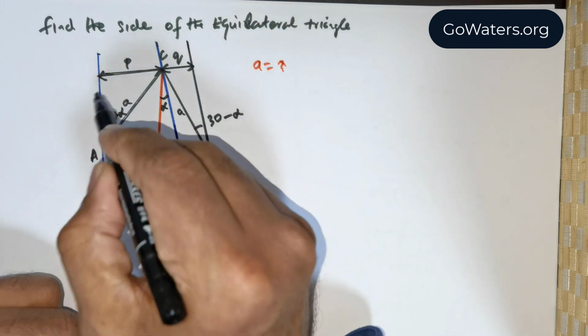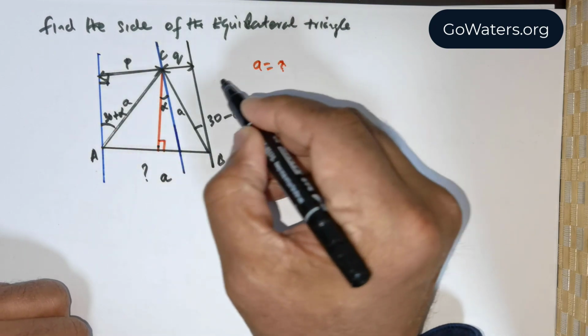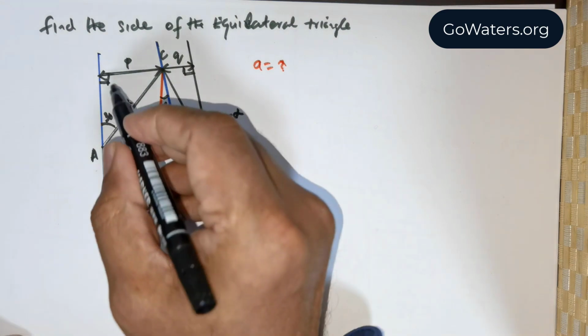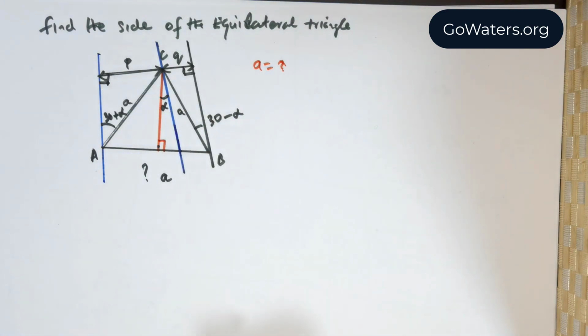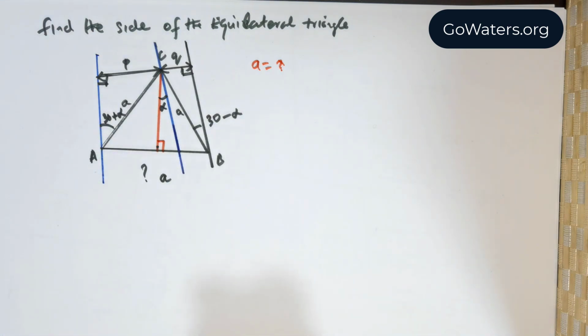Now the most important part of this particular solution is taking this as 90 degrees and this as 90. Now there might be people who would say, wow, I wish I had known this as 90 degrees. Now if you are not going to be taking this as 90 degrees, how are you going to solve this question? That is the important aspect. Now there is another important feature that you'll have to know.